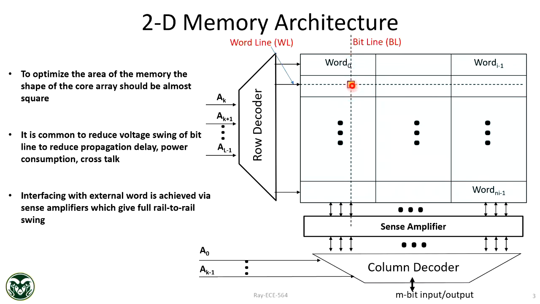Your individual cell is this yellow dot that you are seeing. It is defined by which row it is, and inside that row which word it is. So it requires both a row address as well as a column address. You need certain pins for the column decoder, certain pins for the row decoder, and then your sense amplifier circuitry will sense the value in that word and all, okay?